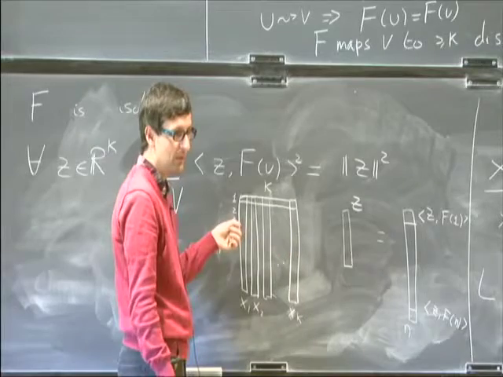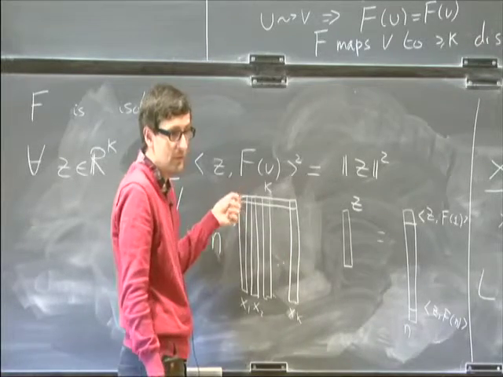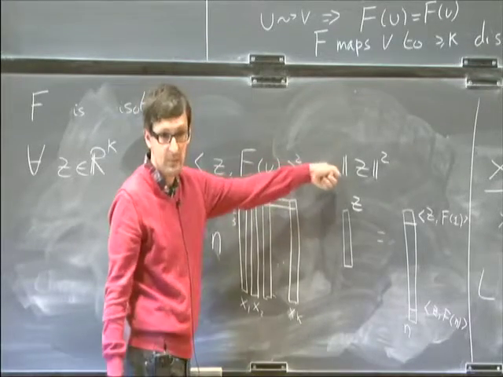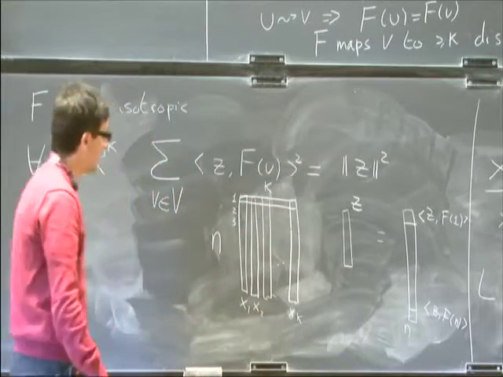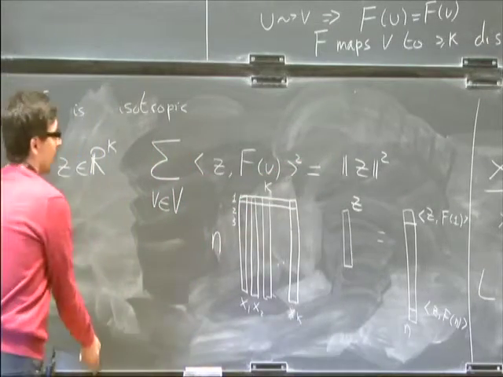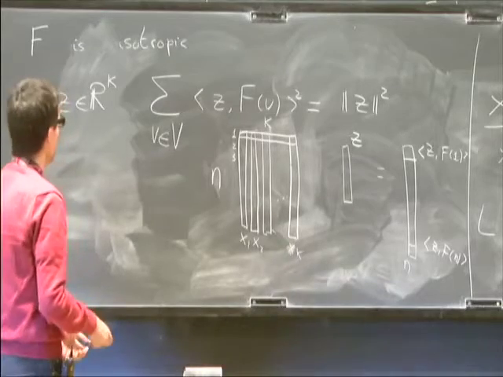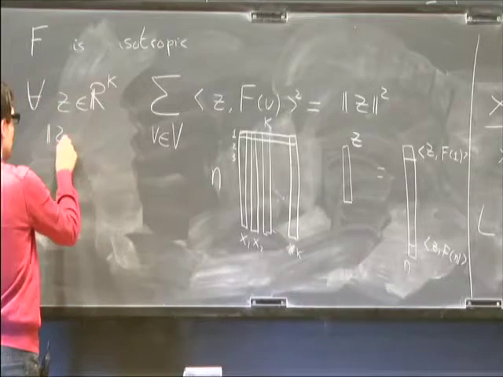So that will just be the norm square of the coefficients that we use in the linear combination, and so it will be the norm square of z. Okay, so let's restrict ourselves to norm 1.